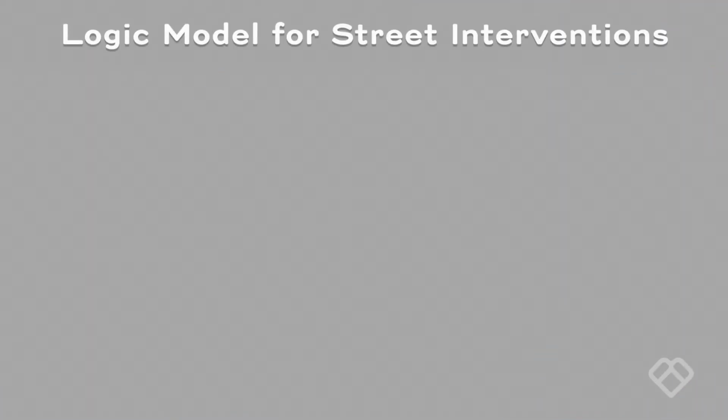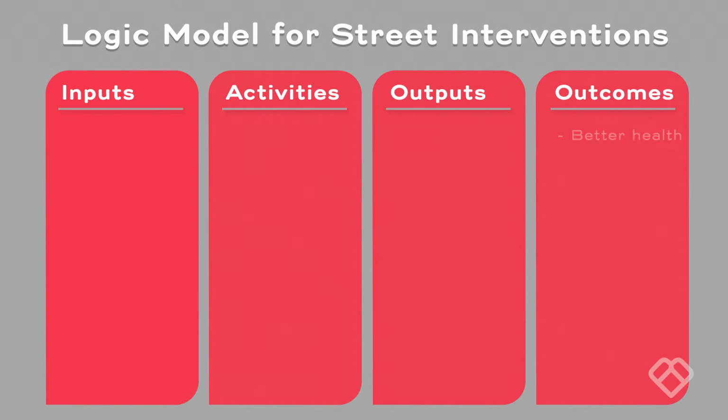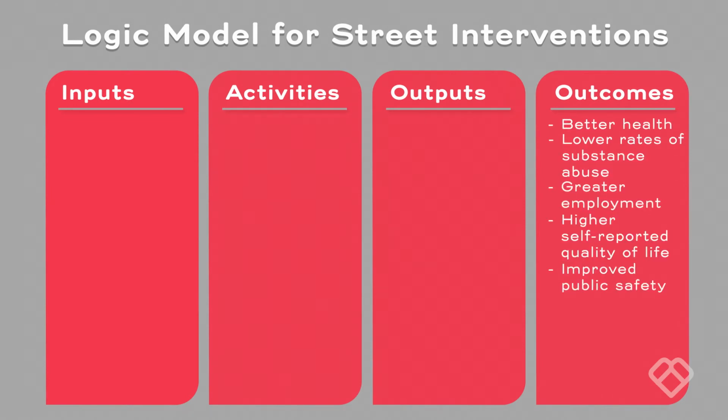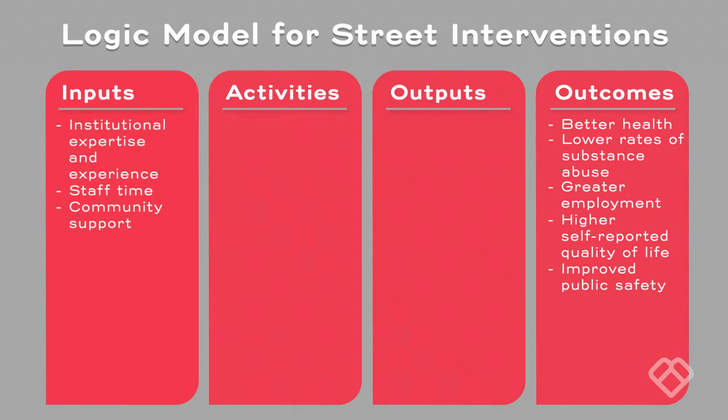Once again, start with the right-hand side. The outcomes here are better health, lower rates of substance abuse, greater employment, higher self-reported quality of life, and also improved public safety. Then turning to the left, the inputs are the same ones I described earlier, basically the resources that the organization has.